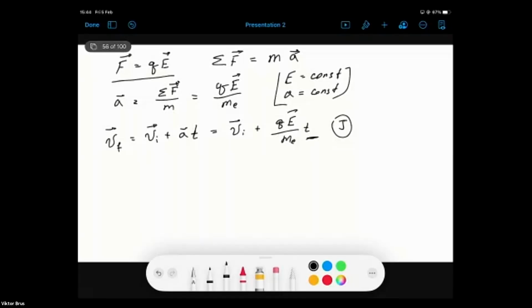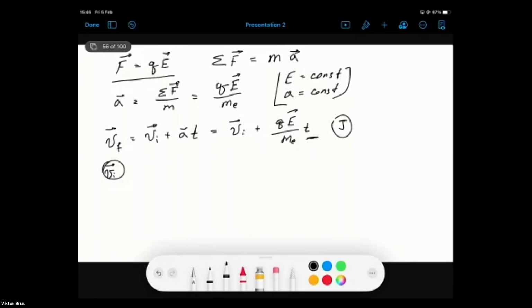And we also need to take into account the initial velocity. Before we turn on the electric field, we assume that these charges are moving randomly in all directions, and that's why the average initial velocity will be equal to 0, because it goes in all directions and the average value is 0.